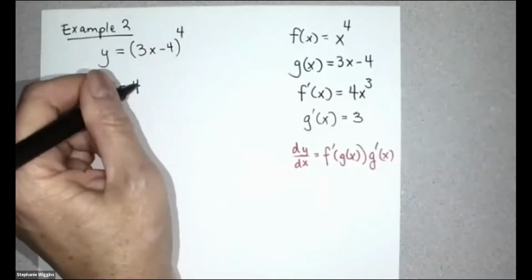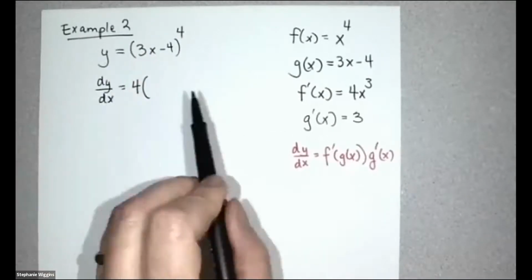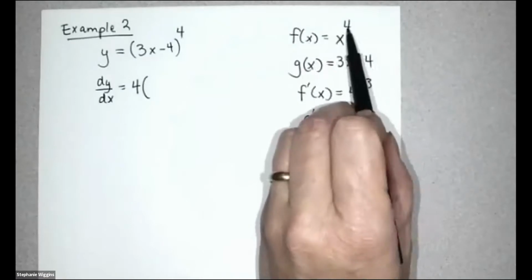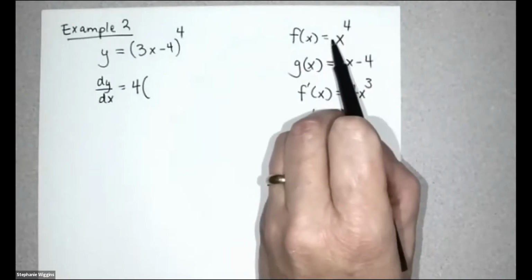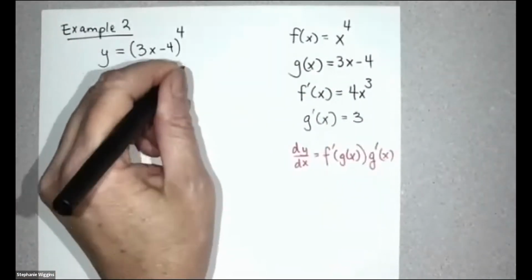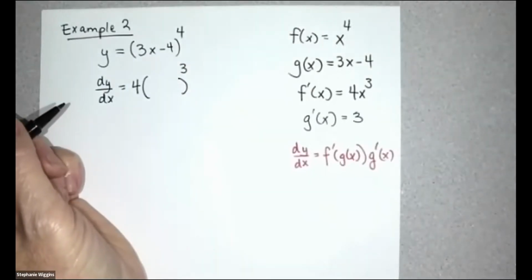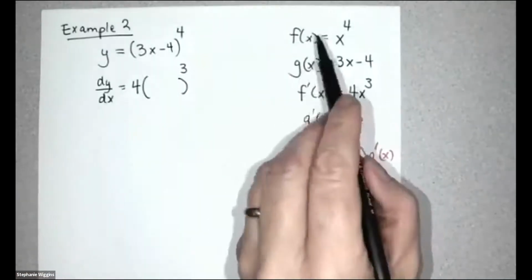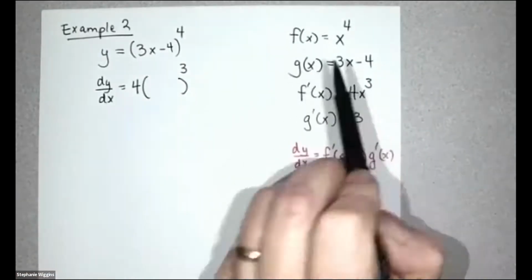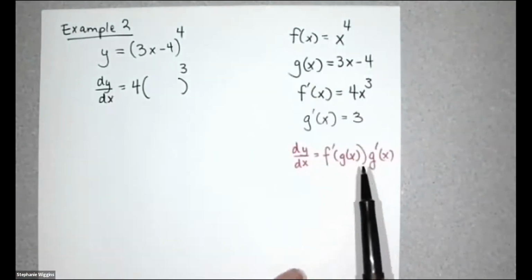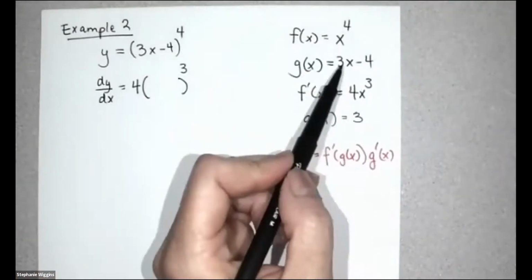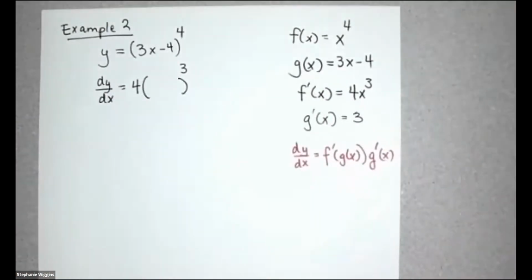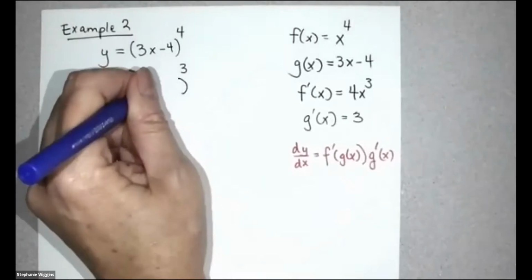4 comes out front. So I'm taking the derivative of this power function, so the 4 comes out front, and then I'm going to have that raised to the power of 3 because I subtract 1. But instead of f prime of x, I want f prime of g of x. So I'm going to take my g of x function and plug it in here. And I'm going to put that in blue.